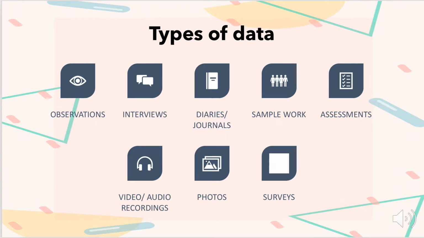The qualitative data that teachers can collect for action research include formal observations, interviews, diaries and written records, sample work, assessment data, audio and video recordings, photos, and surveys. There are a lot of ways teachers can do this now, as there is access to different technologies that have these capabilities, such as iPads and apps.